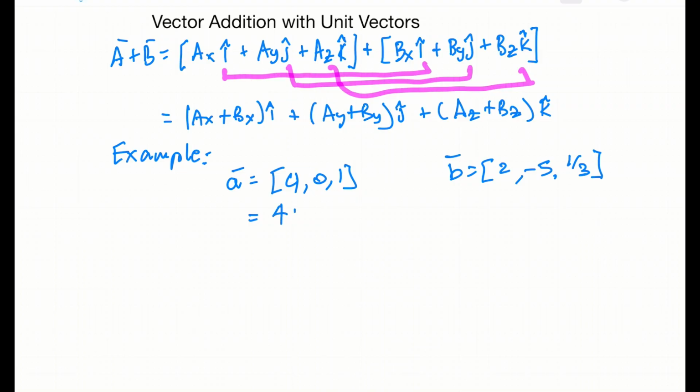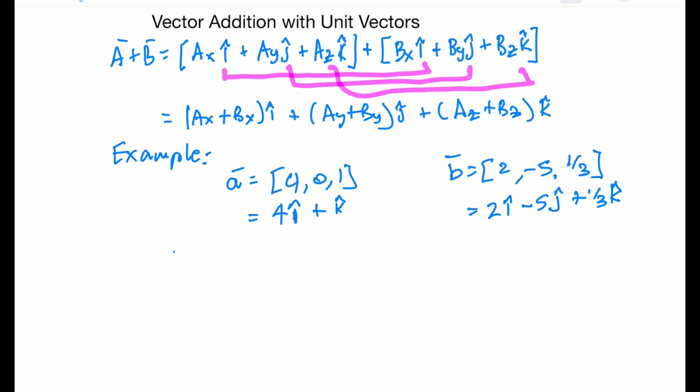That's 4i, because the 4 corresponds to the i. There's nothing in the j direction, so we don't put anything there, and then there's 1 in the k direction, plus k. So that's written in the unit vector notation. Same way here, 2i minus 5j plus 1/3 k. So there are our two vectors that we want to add together.